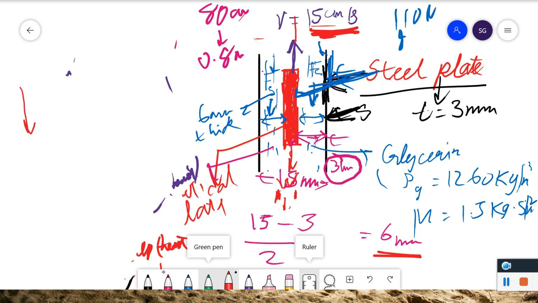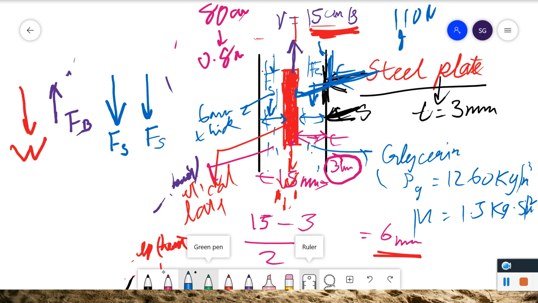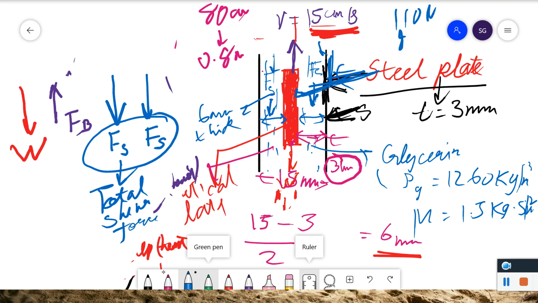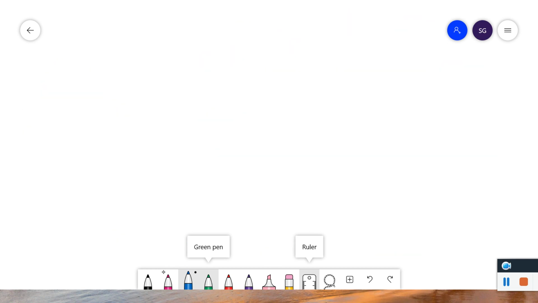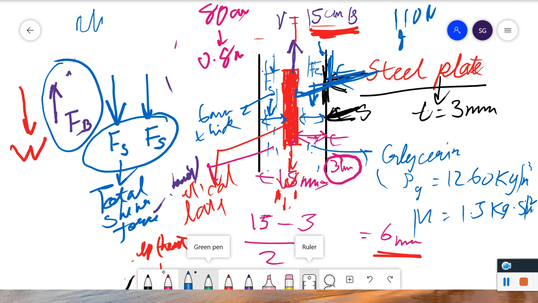This W in downward direction, this Fb, this Fs and this Fs. We have calculated this value as 2Fs, means total shear force. This is acting in upward direction, that is the upthrust, this is the upthrust, and this is the weight.